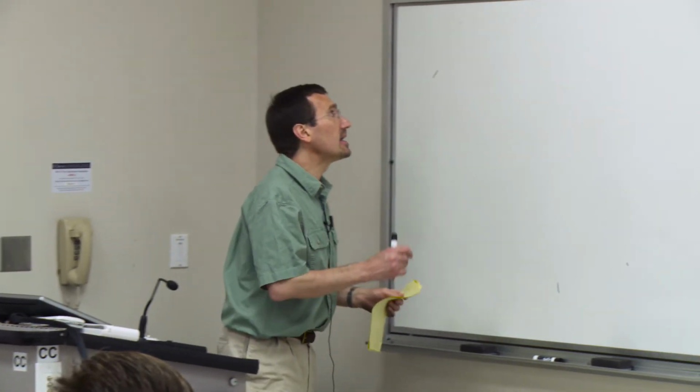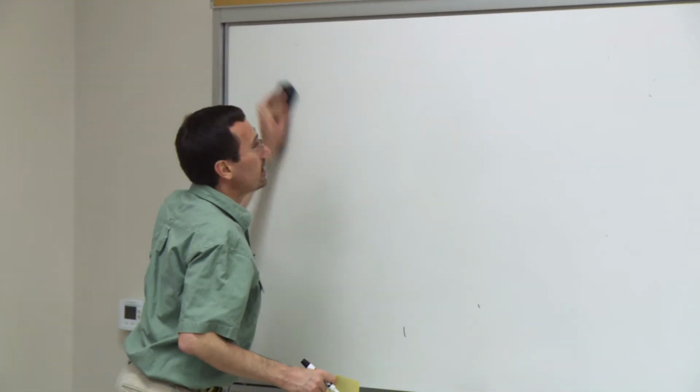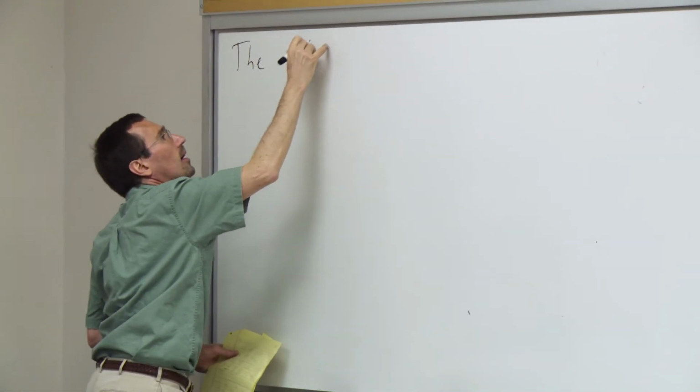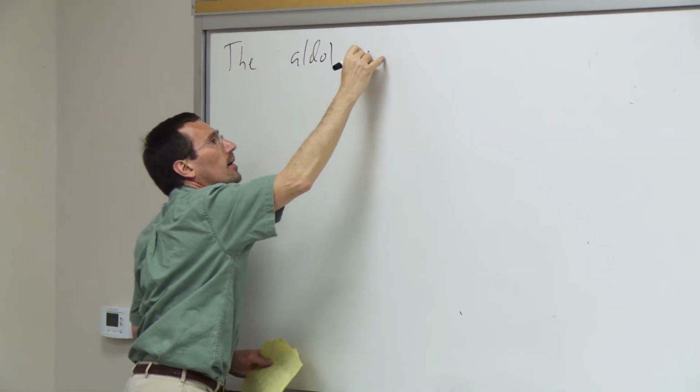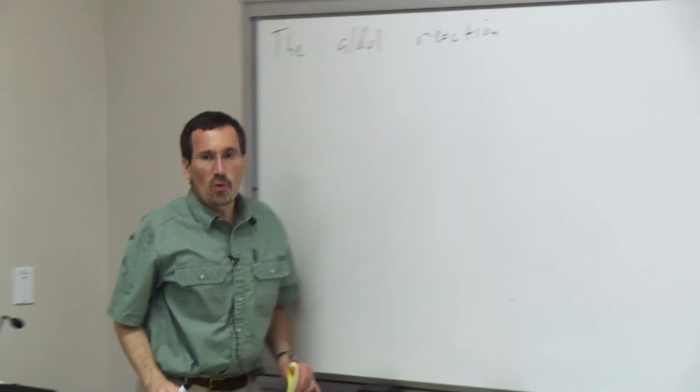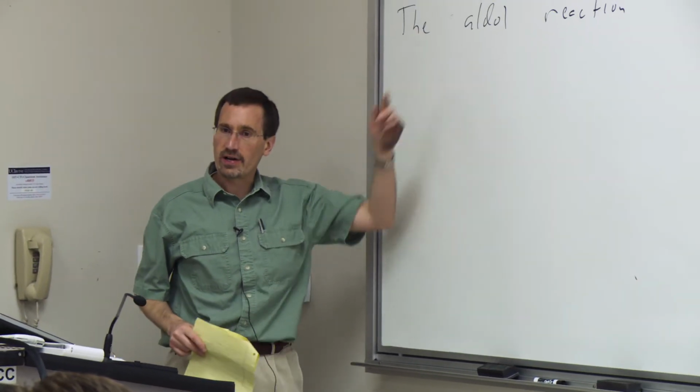All right, so that kind of gets us into the swing of carbonyl electrophiles and enolate nucleophiles. And it sets us up to talk about the Aldol reaction. And to make a point, even though I'm writing a title here, I'm writing Aldol in lowercase.